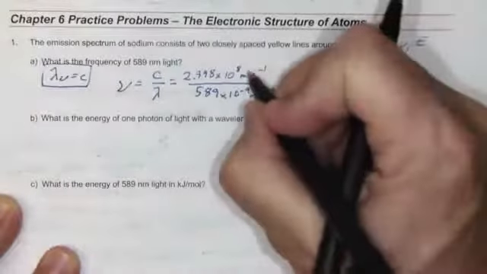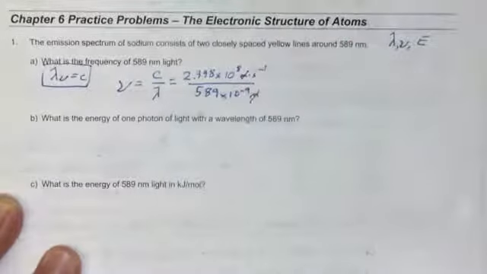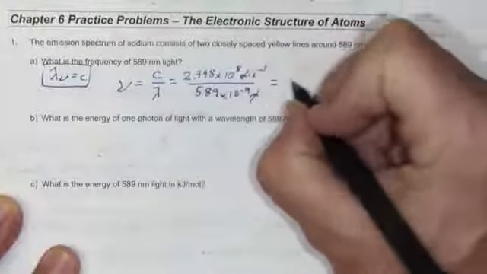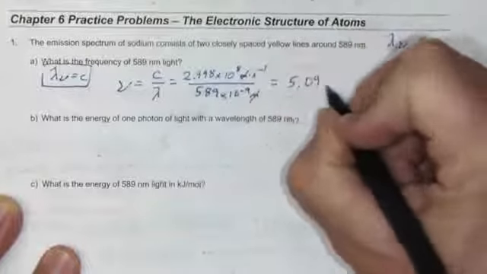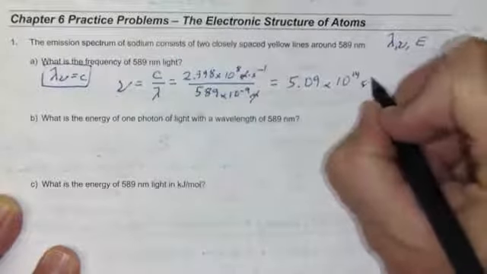And when we do that, the units of meters cancels, and we end up in units of inverse seconds, which is the unit of frequency. So this calculates out to be 5.09 times 10 to the power of 14 inverse seconds, or hertz.